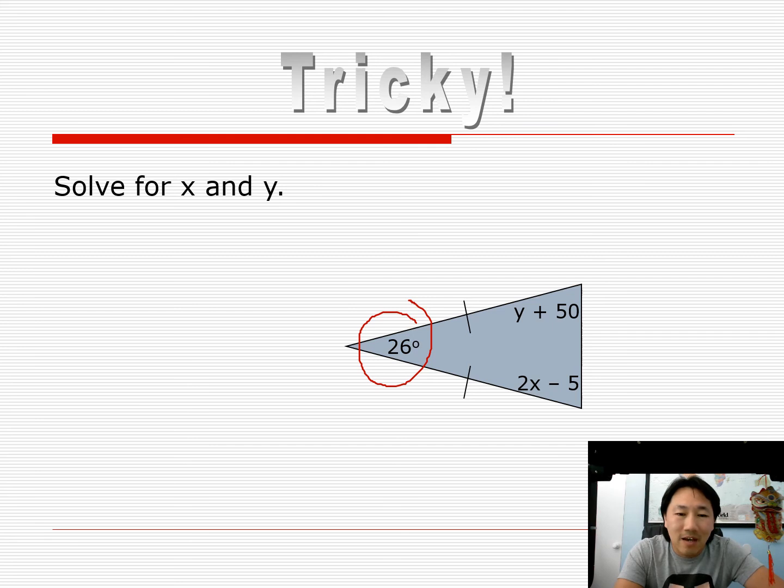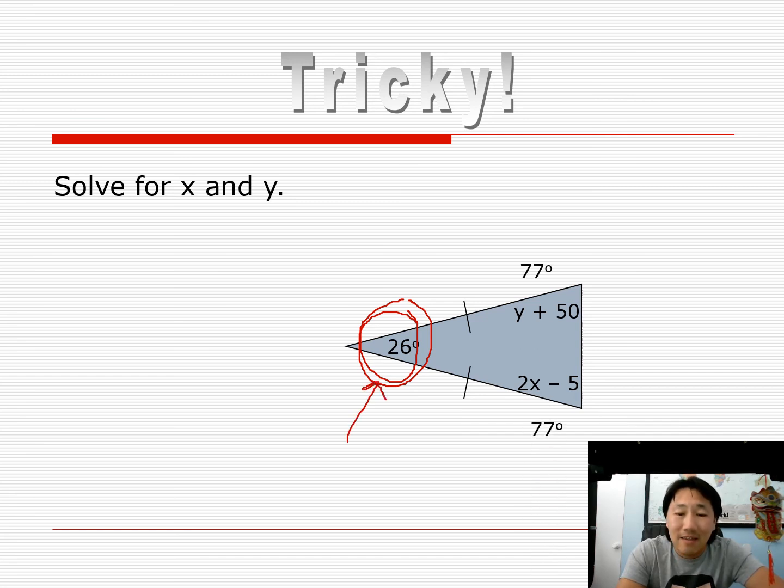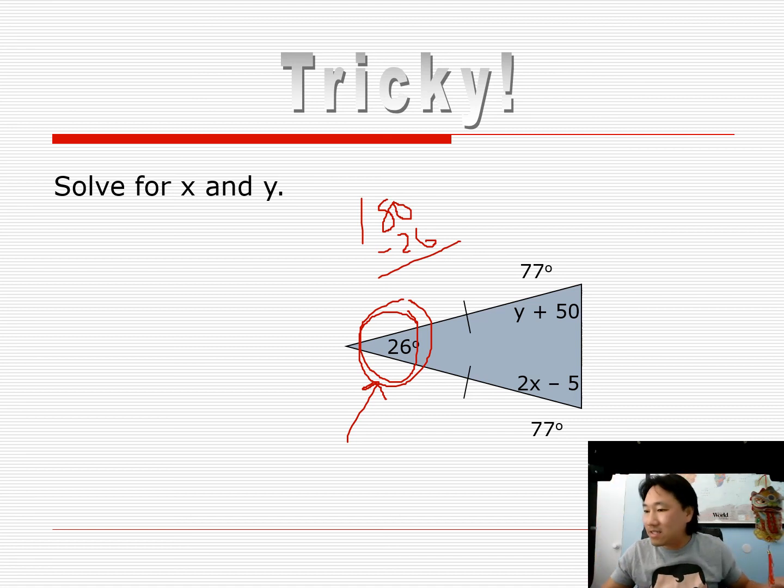You're going to use the triangle sum theorem. This angle plus this angle plus this angle, all three of them have to add up to 180. If this is already 26, that means these two have to add up to 154. How did I do that? I took 180 minus 26, which is 154.